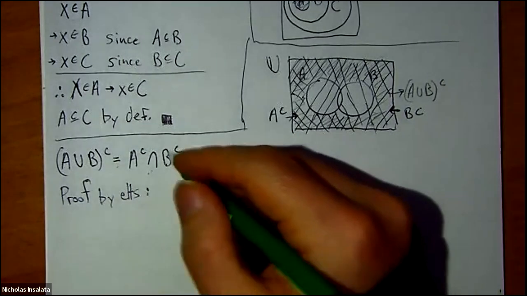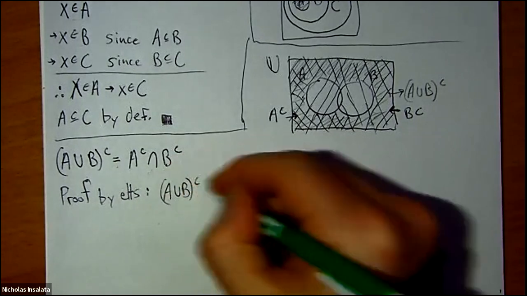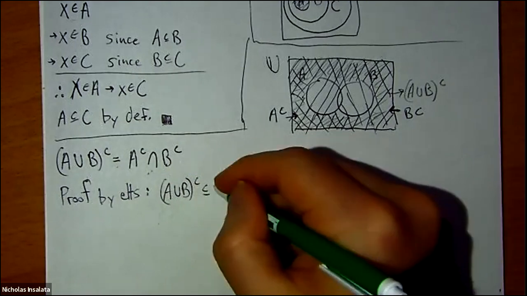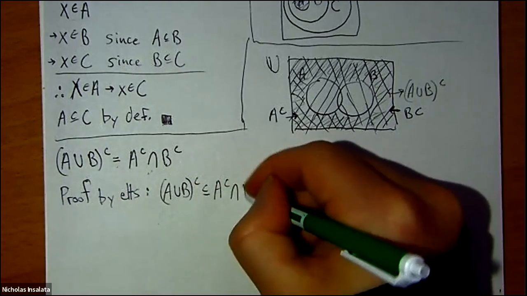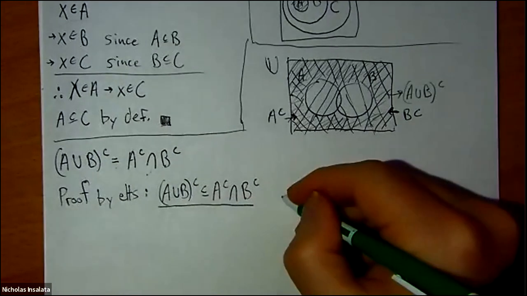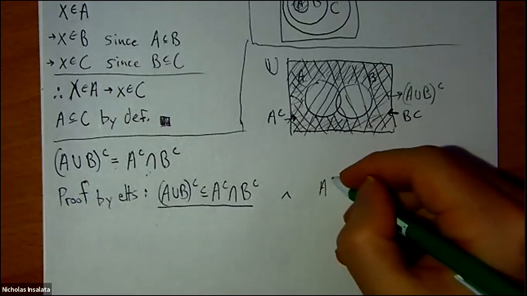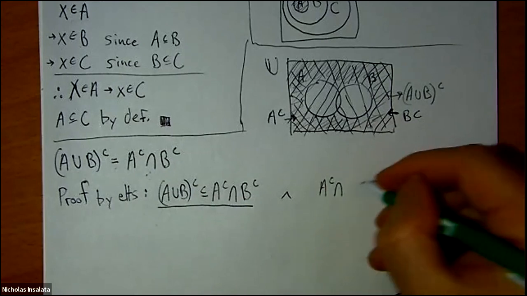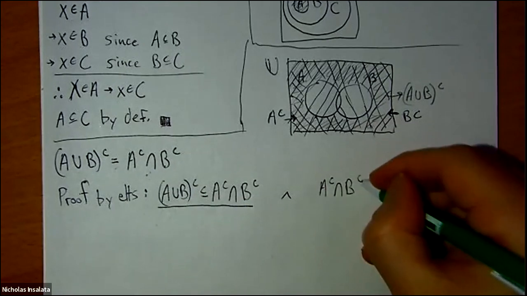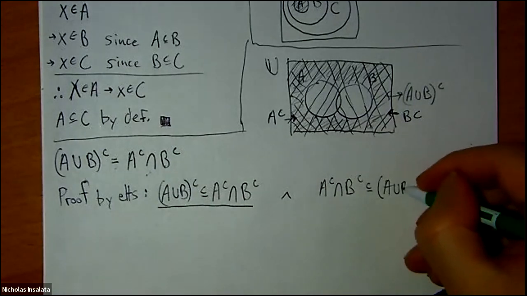So we need to show not only that A union B quantity complement is contained in A complement intersect B complement, we also need to show, let me just switch the order this time, A complement intersect B complement is contained inside of quantity A union B complement.